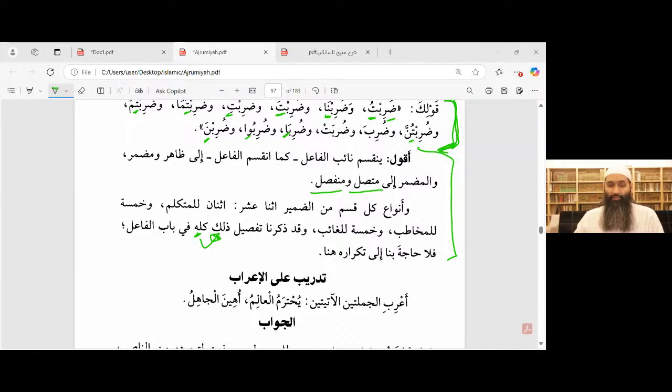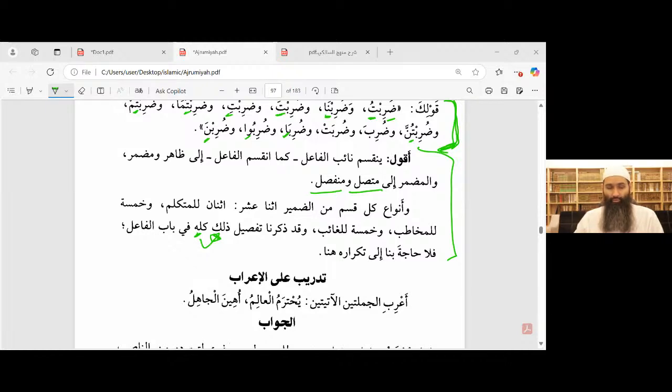There are some words in the Arabic language that are mabni and have no mahal, and al-fi'l al-madi is one of them. It's not in mahall raf', not in mahall nasb, not in mahall jar, not in mahall jazm, nothing.